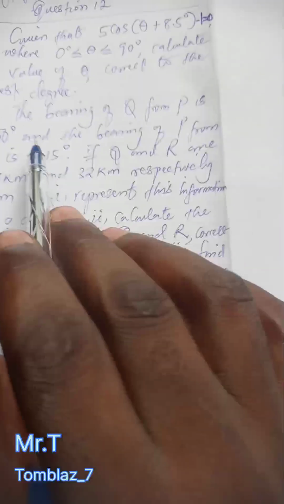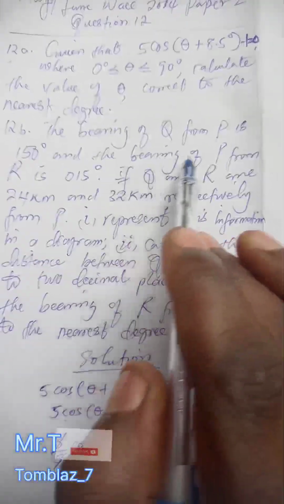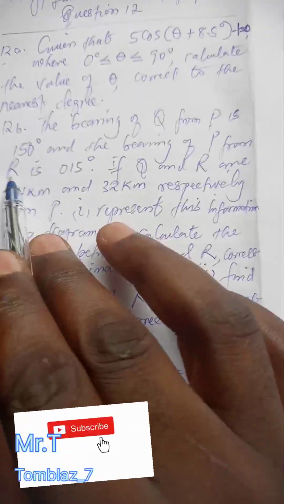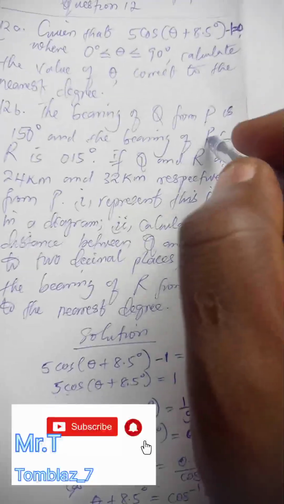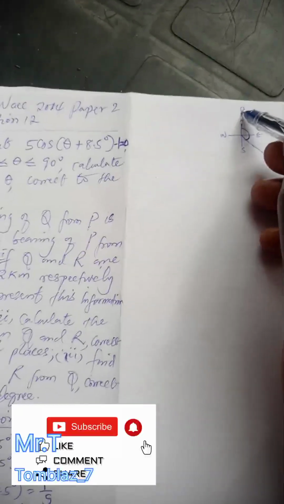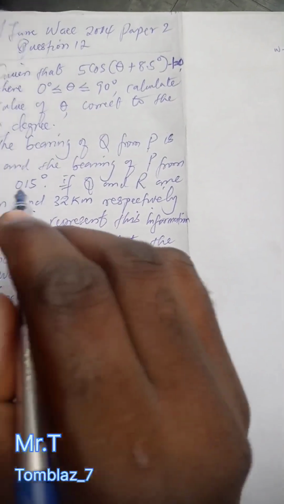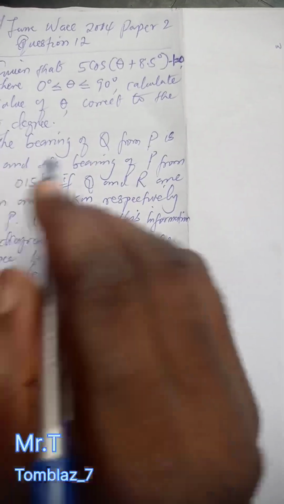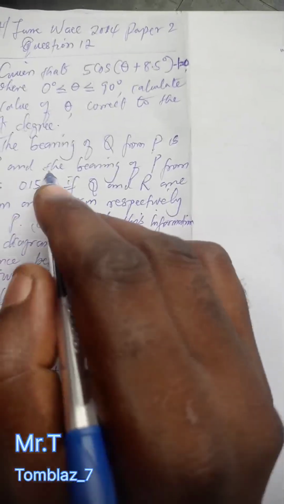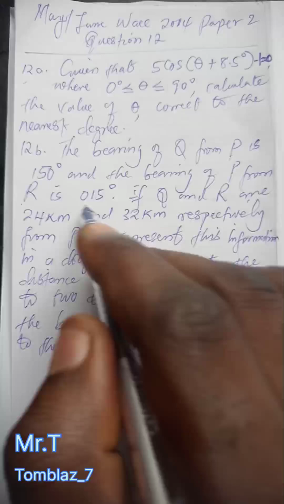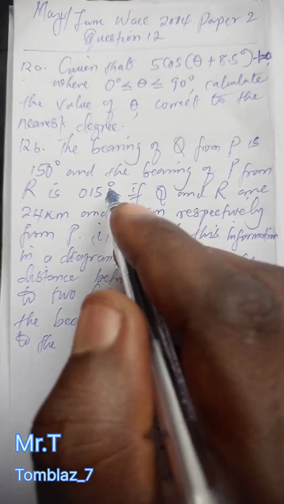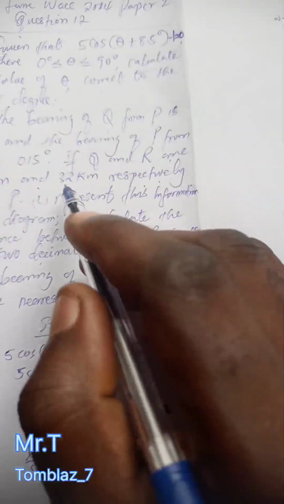Now let's look at the next statement. The next statement said, and the bearing of P from R. That means this P that we have gotten, there is a point R which we have to take its own bearing from, but at what? 015 degrees. Now, what is the distance of R?